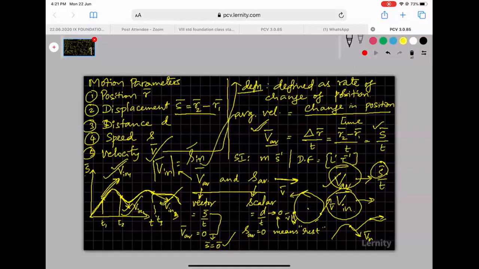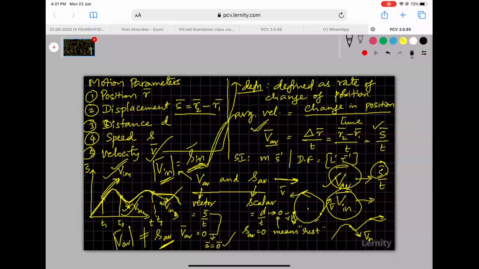Be careful about this: the magnitude of average velocity need not be equal to average speed in a time interval, but at any instant, the magnitude of velocity at that instant must be equal to the speed at that instant. So these are the important things that we need to know about velocity.